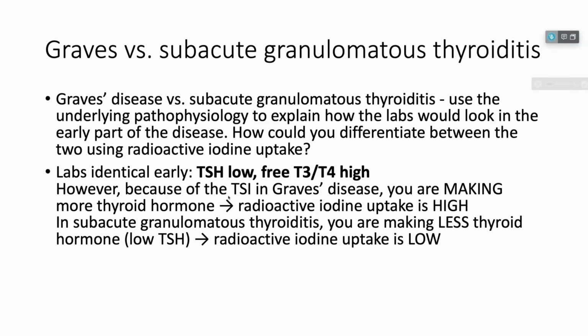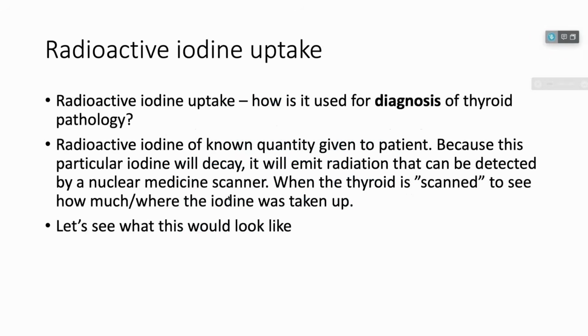Normally you think of antibodies as causing a dysfunction, in other words, blocking the receptor so that it doesn't work. In Graves' disease, the antibody actually causes the receptor to work, right? So your body thinks that TSH is high because you have these antibodies binding to the TSH receptor, but your TSH is actually low, right? Because you have feedback inhibition from the high T3 and T4 that you're making. Does that make sense?